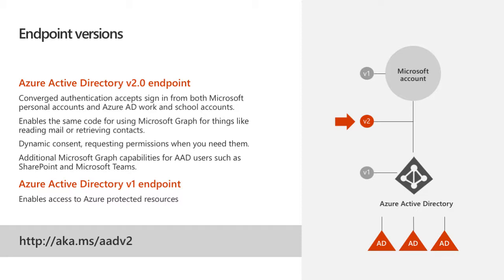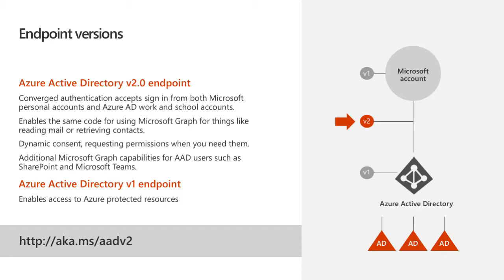It presents a converged authentication process. What that means is that we can use a single library and a single endpoint to authenticate, but let users log in using their consumer Microsoft account or their Office 365, otherwise known as work and school account. So it's kind of like a proxy over both of those different authentication endpoints.